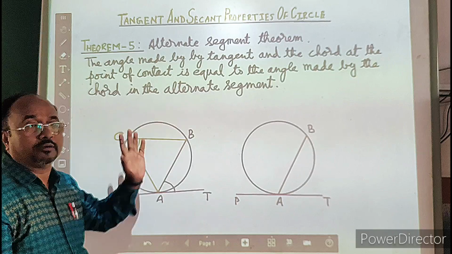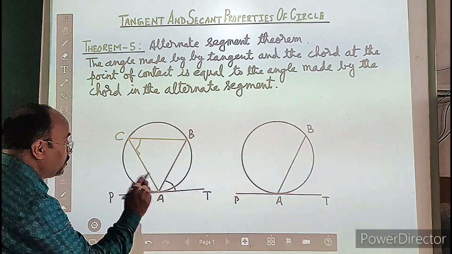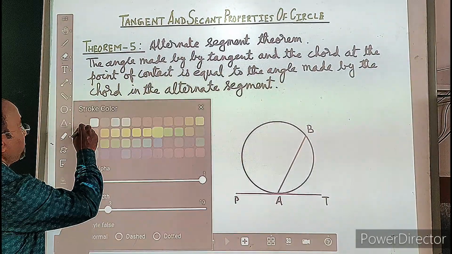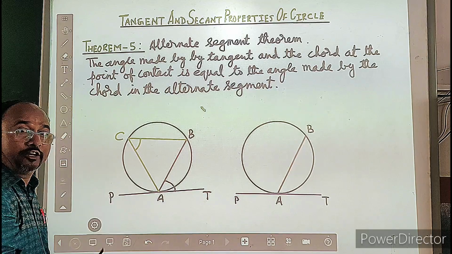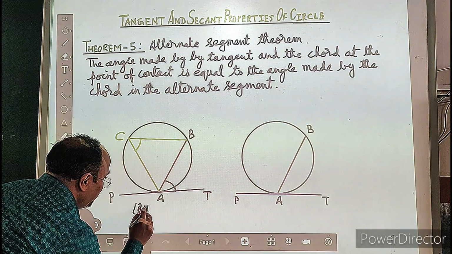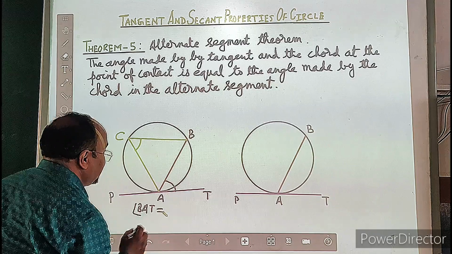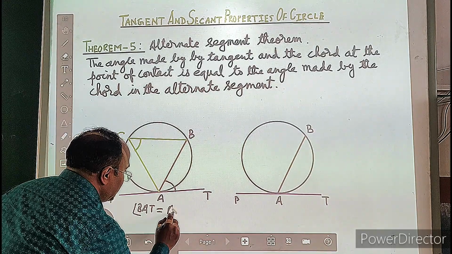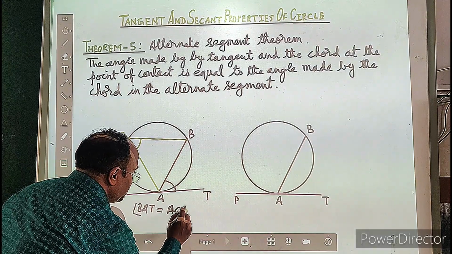This is what this theorem means. Okay. So according to this, I go to write angle EAT is equal to angle ACB.